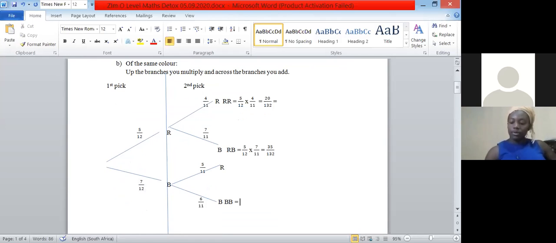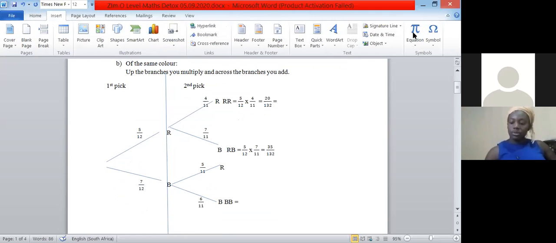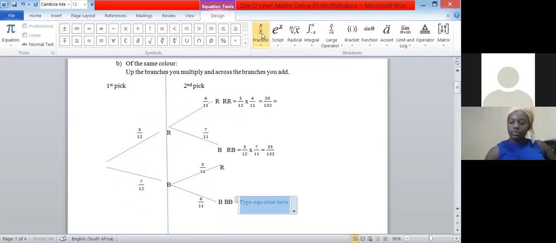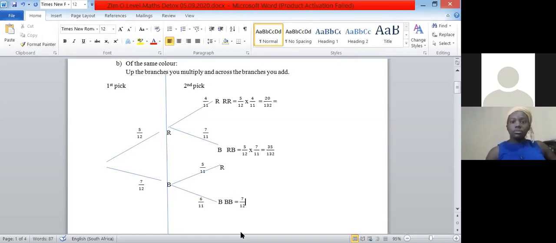7 over 12. Let me just insert a fraction here, a blank one. That's equal to 7 over 12 times the other blue, which is what? 6 over 11.